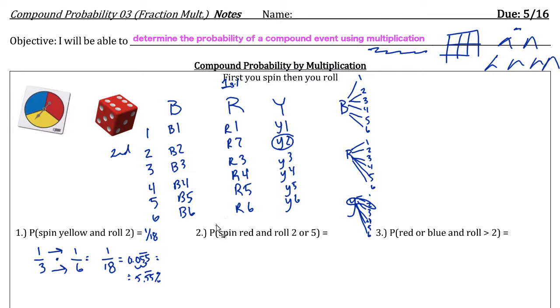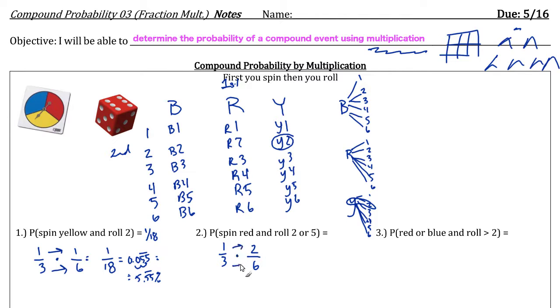All right, so let's use that same strategy. We're going to spin a red and roll a 2 or a 5. The probability of spinning red is 1 out of 3. The probability of rolling a 2 or 5 is 2 out of 6, because you can roll a 2 or you can roll a 5, so you have 2 chances out of 6.